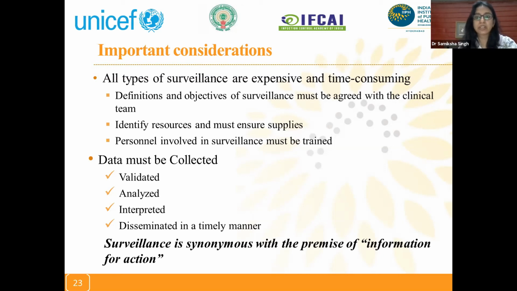So everybody should agree to those objectives and definitions. Ensure that before you start surveillance, you have all the resources and supplies available, and they should be available throughout the period of surveillance. Okay, the people who are involved in surveillance should be identified, their roles and responsibilities should be defined, and they should be trained before they start surveillance.